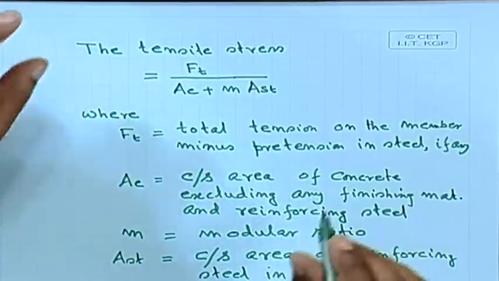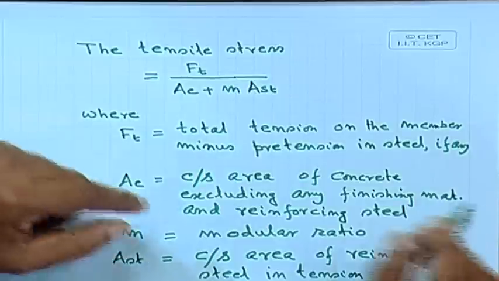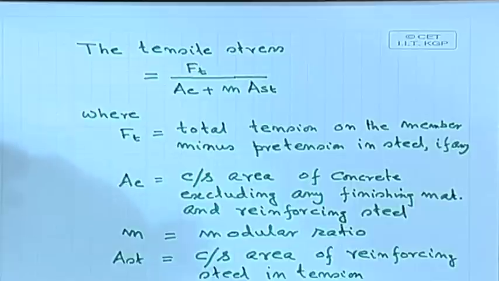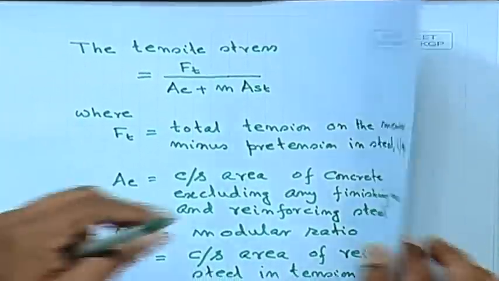AST means how many bars you are providing, the total area that you are considering. Let me continue, and I am coming next to your point.